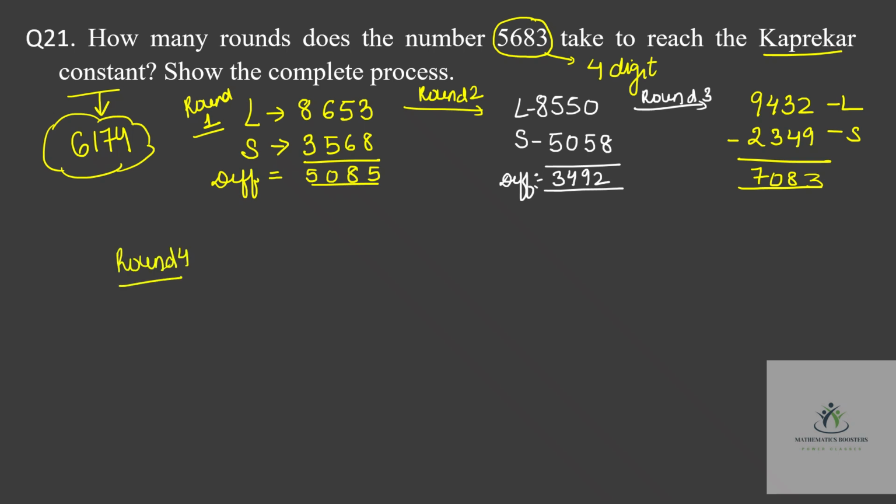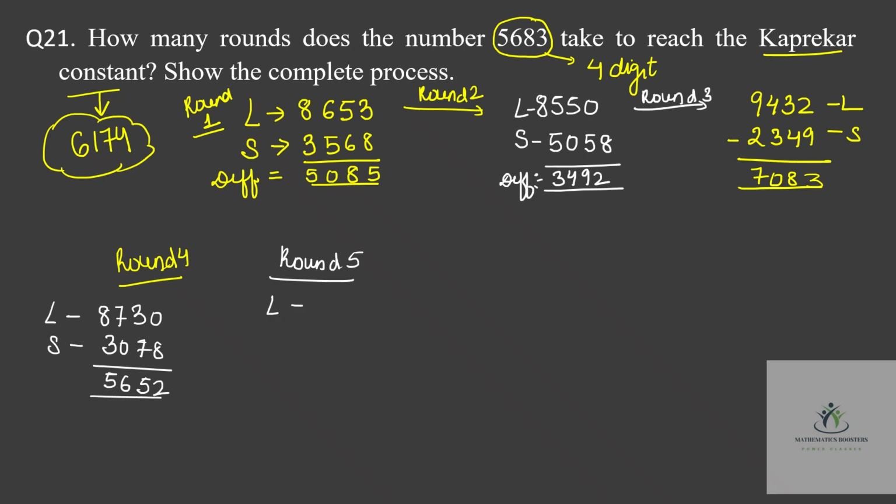Round 4 with digits 7083, the largest number is 8730. The smallest number will be 3078. Again, placement of 0 is important. The difference is 5652.